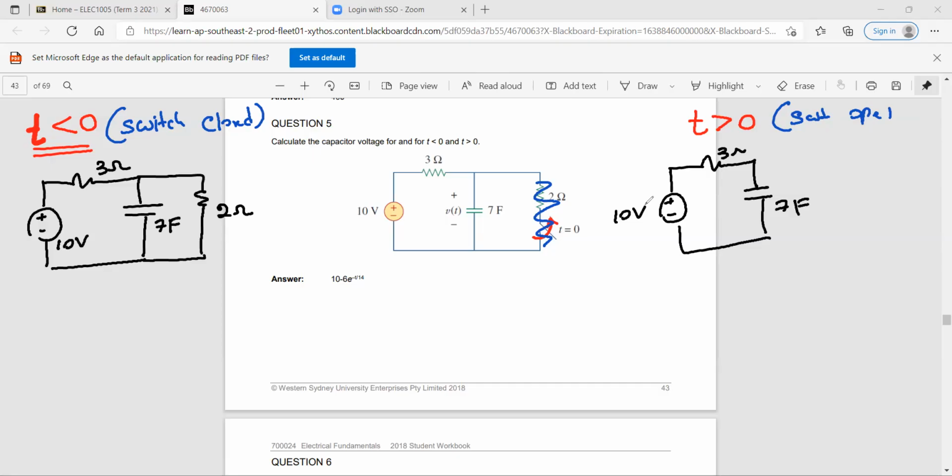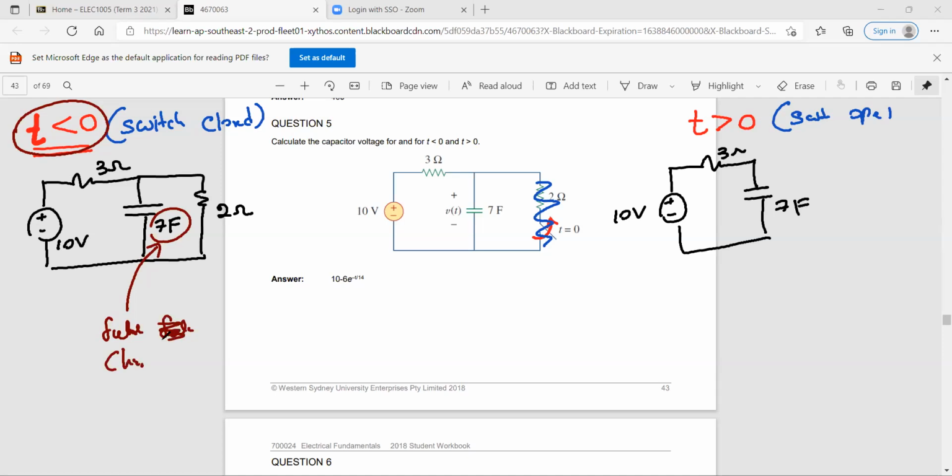Okay, now this one is a bit different. Why is that, guys? Because when you consider the time is less than 0, your capacitor will be fully charged. When you keep the switch closed for a long time, your capacitor will be fully charged. Do you agree?